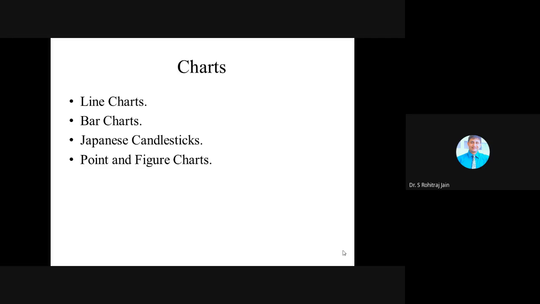It is the security prices that are charted. And one more thing, students, the chart is the basic tool used by the technical analyst to study the share price movement or even to predict. Everything I'm telling you is that we can only predict the price movement. So charts provide visual assistance in detecting the emerging and the changing patterns of the price behavior.